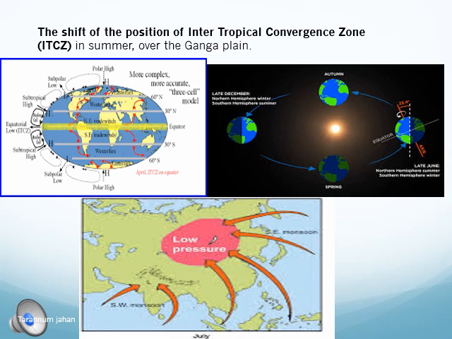All those winds blowing towards this low pressure bring the monsoon to that area of India. So yes, we can say that the shift of the position of the ITCZ, the intertropical convergence zone, also influences the monsoon in India.